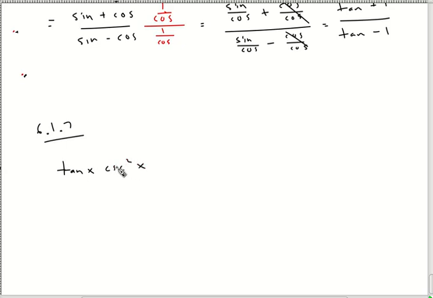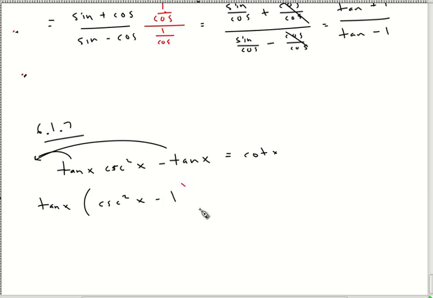So that's a tangent, that's a cosecant squared, and then we have another tangent, and then this is equal to cotangent. Okay, well, the first step is pretty obvious, I feel. Factor out the tangents. Leave them behind. A cosecant squared minus 1. Now, as soon as I see something squared minus 1, I feel like it's a Pythagorean identity.